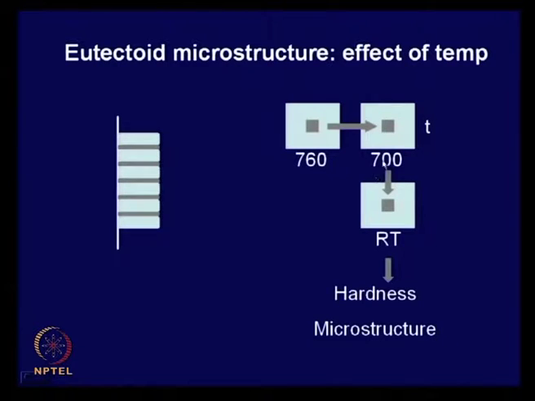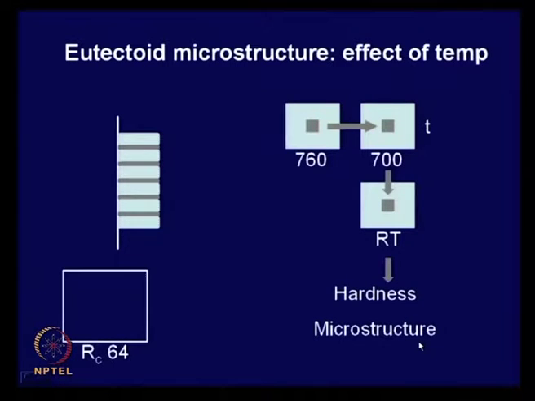And we can repeat this experiment by maintaining the bath at 700 degree centigrade, and take another sample, keep it for a time greater than the previous time, and so we can have a series of samples which have been kept here, then quenched to room temperature, and then we measure their hardness and microstructure.